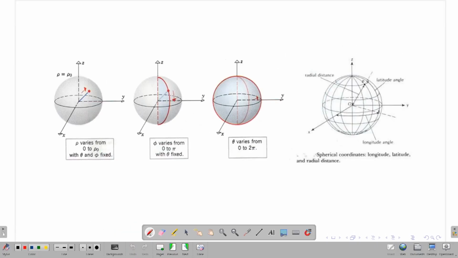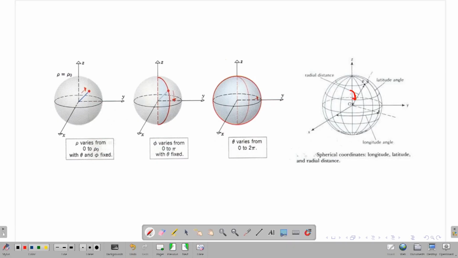And the phi is called the latitude angle. It is measured down from the z axis to the line OP. So, this phi is measured from the z axis downwards to that OP vector. Okay.